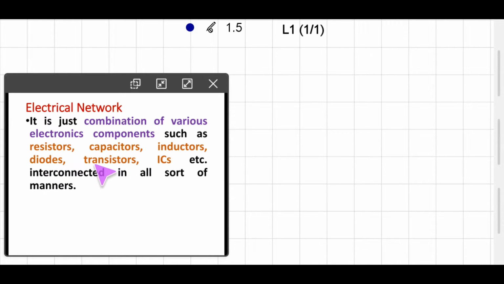Thereafter transistors, which are three terminal devices whose resistance can be varied by changing the voltage, and integrated circuits. So here it is a combination of all these kinds of components interconnected in all sorts of manner.